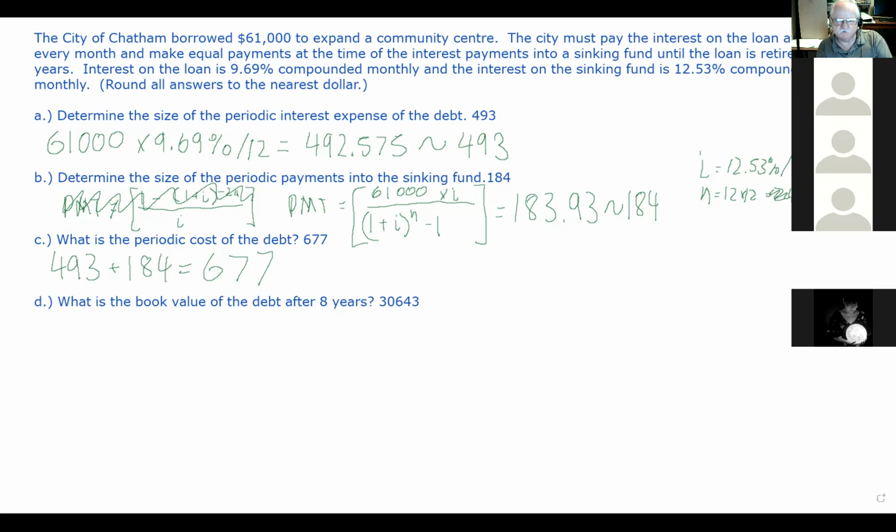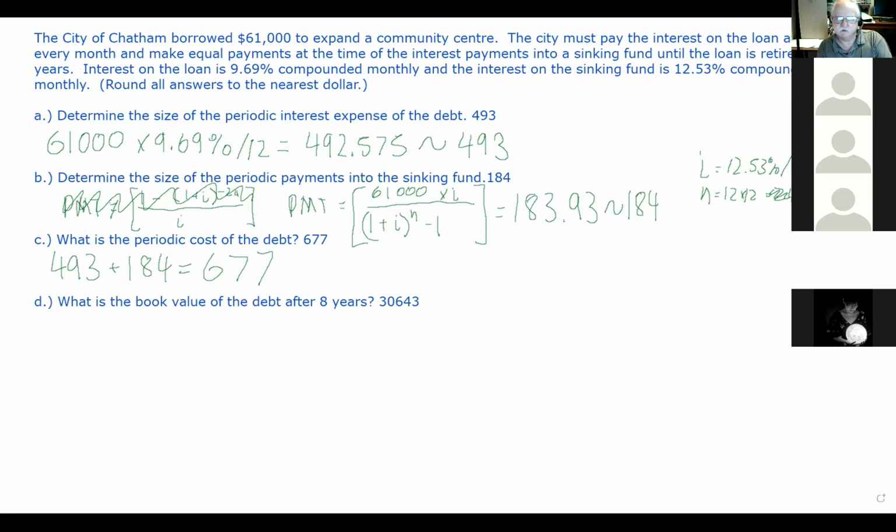So what did you put in for N? 8. Oh no, it's got to be being retired over 144 periods. So 144 into N, and then 12.53%.